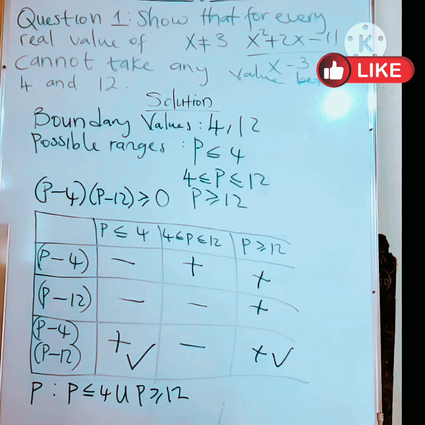So p less than or equal to 4 or p greater than or equal to 12. And the range of values that lie between 4 and 12 don't satisfy our equation.